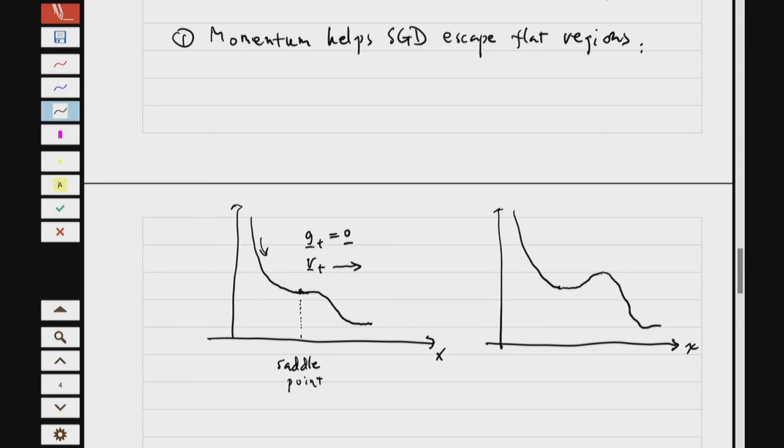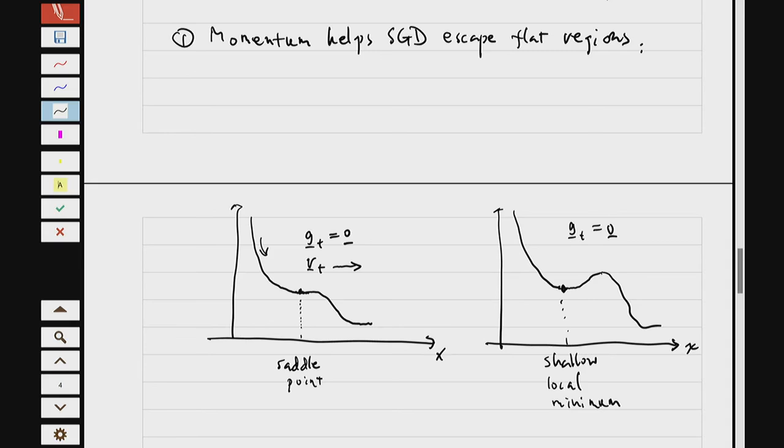So if you're here, and this is, let's say, a shallow local minimum, you don't want to be stuck there, right? Because you actually have a much better solution down there. But here the gradient is 0. If your step size is small enough, gradient descent would just get stuck there, and that's the final answer you get.